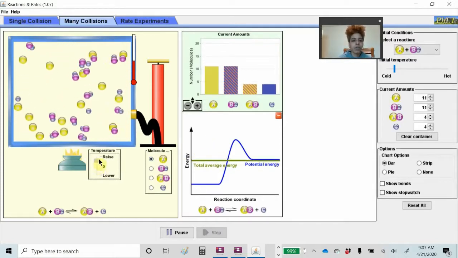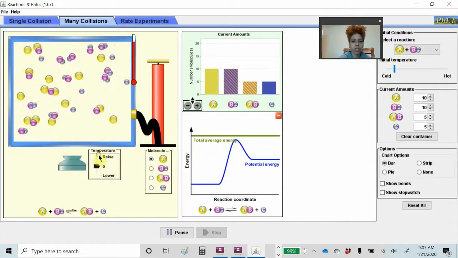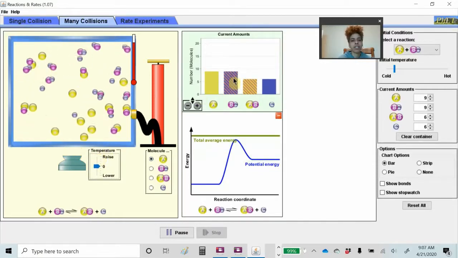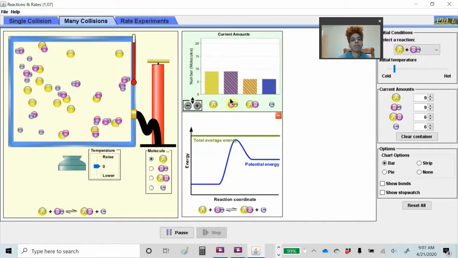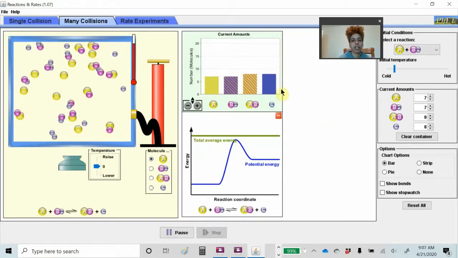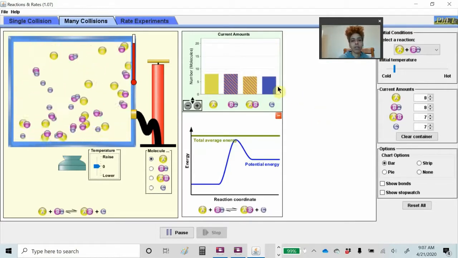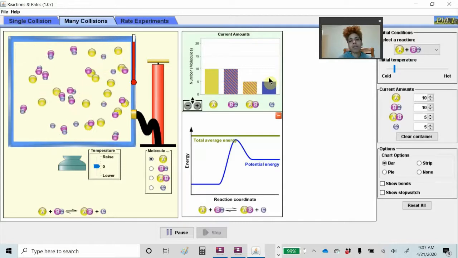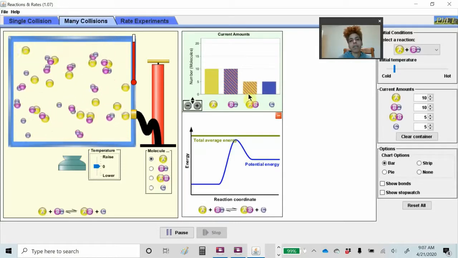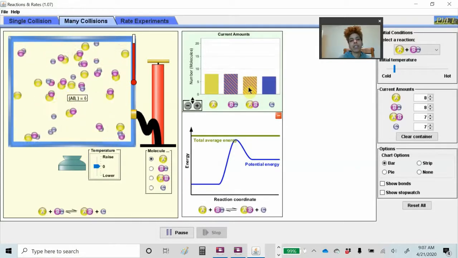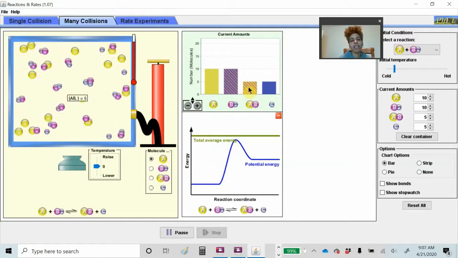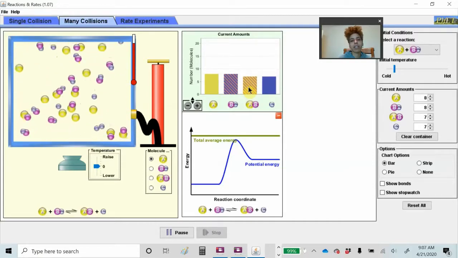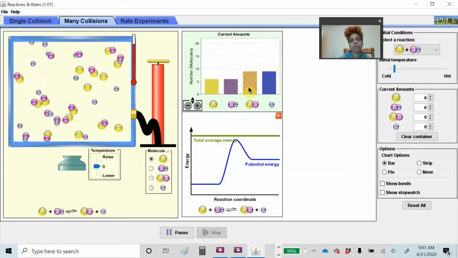But if we continue to raise the temperature over the activation energy, notice that we're going to have many more collisions that occur and we get more products. Notice how at some point we get stability and there's no change in the reactants and the products.